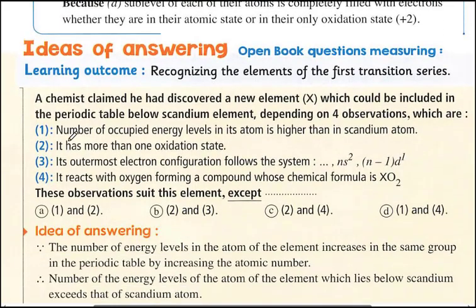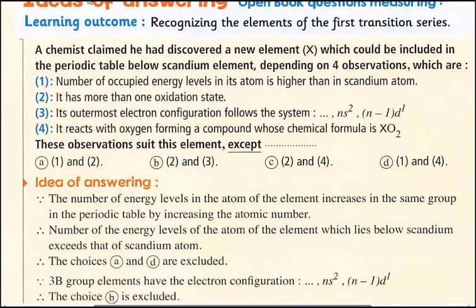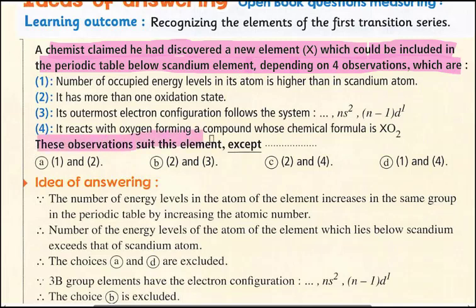So let's have an example about this. A chemist claimed that he had discovered a new element X. Element X could be included in the periodic table below scandium, depending on 4 observations, which are 1, 2, 3, 4. These observations suit this element except one.